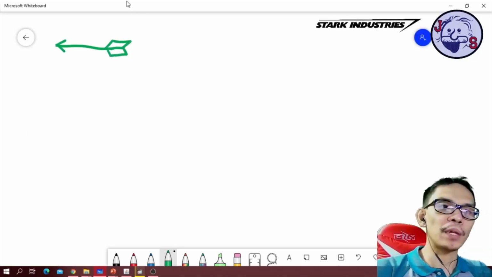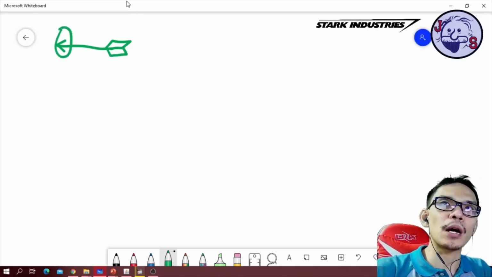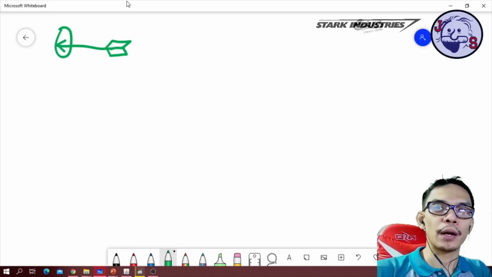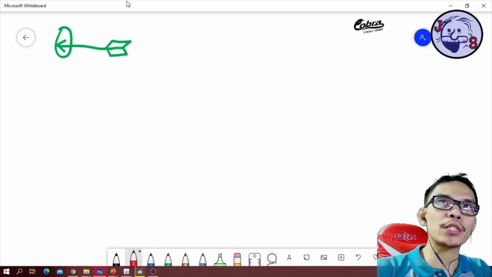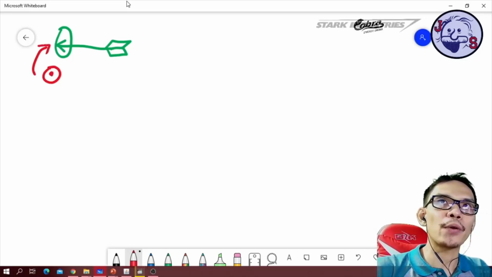Now, if the arrow is going towards you, what does this part look like? If this arrow is going towards you, this part looks like a dot. This is the arrowhead.